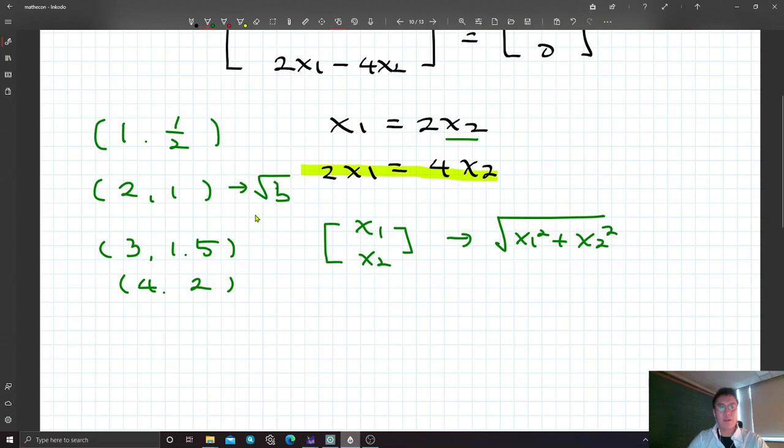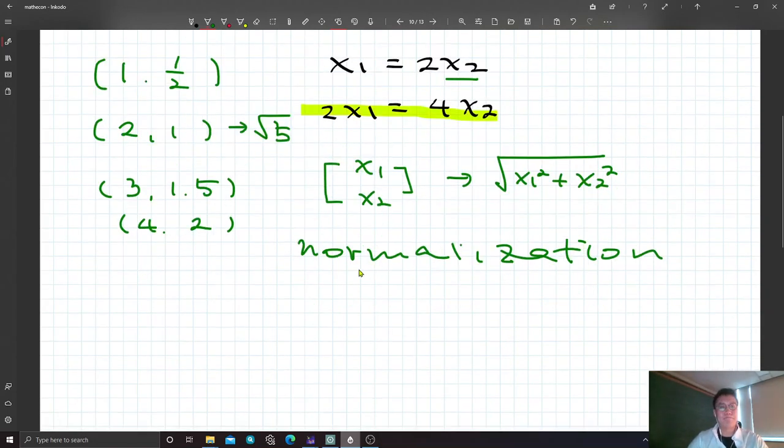It measures how large this vector is. We focus on one eigenvector whose magnitude is equal to 1. This process is called normalization. So we normalize the size of the eigenvector to equal 1.